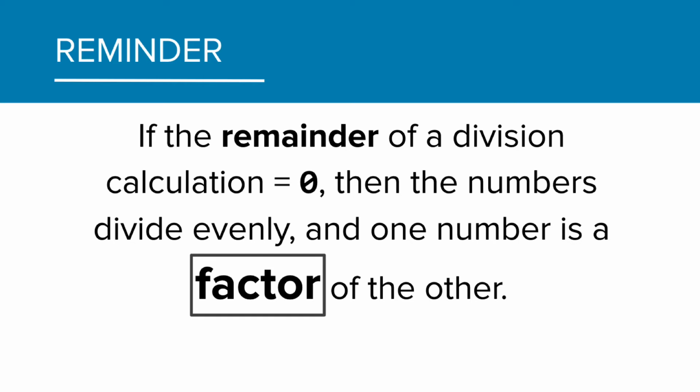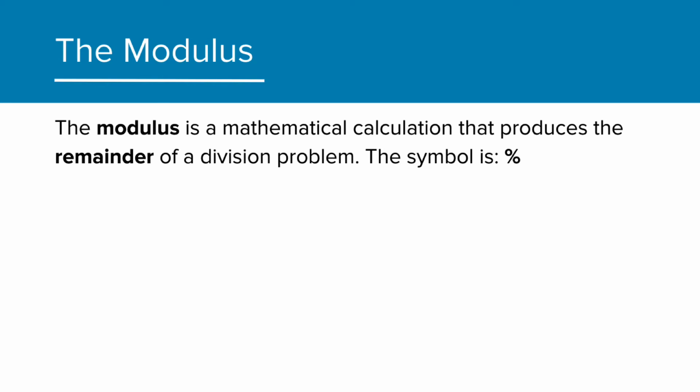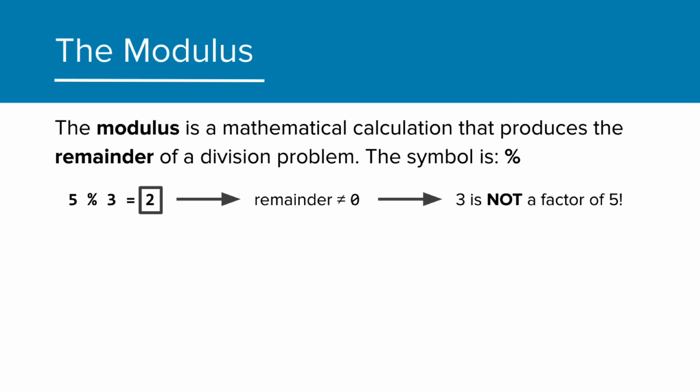Reminder, if the remainder of a division calculation is 0, then the numbers divide evenly and one number is a factor of the other. Taking these three examples, 5 mod 3 is 2, so the remainder is not 0, and therefore 3 is not a factor of 5.